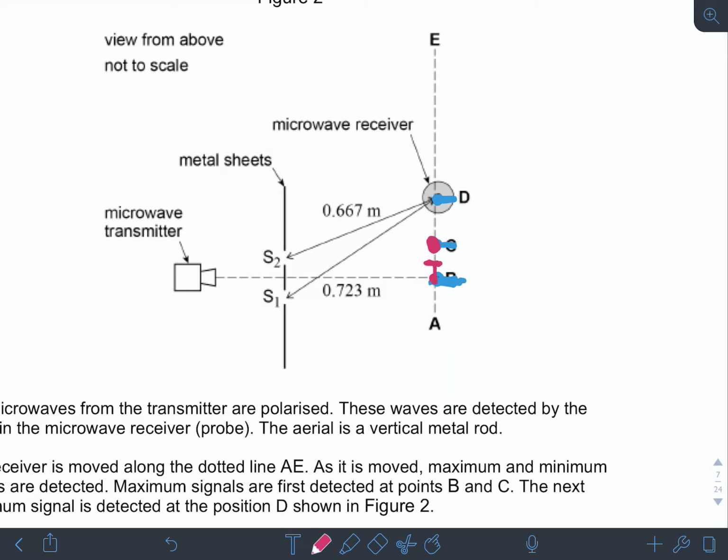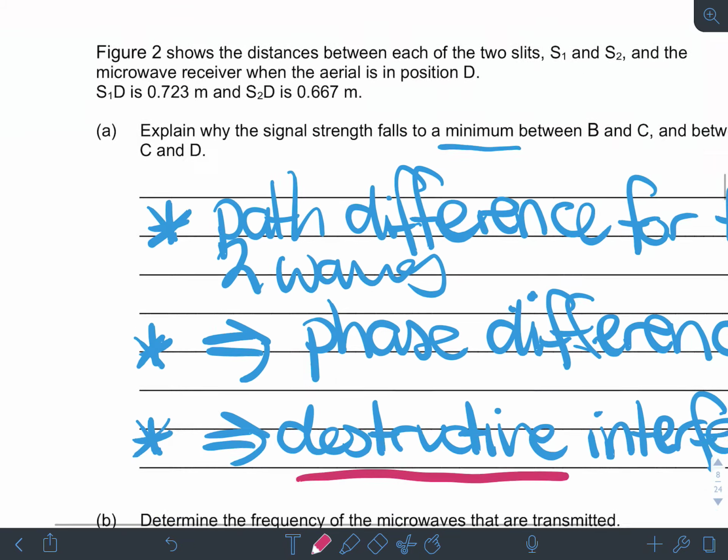That's out of phase here, or anti-phase, and then back in phase at C. So in phase, and then back in phase. So the path difference at position C is going to be lambda. That means if we go all the way out of phase and then back in phase a second time, that tells you that at position D, the path difference is going to be 2 lambda, because we've gone all the way out of phase, back in, and then all the way out of phase and then back in again. So that tells us this path difference in this arrangement is 2 times lambda.